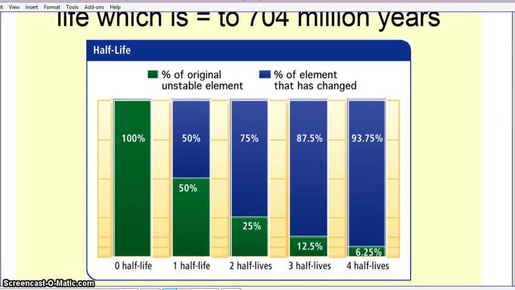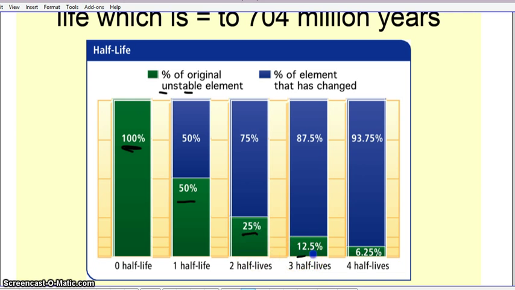Once it's done that, it turns into lead, and it takes about 704 million years for that to occur. If you look at this picture, for half-life, the green is the percentage of original unstable element, and the blue indicates the percentage that the element has changed. They look at a sample of uranium, and once it's gone through one half-life, what's half of 100? That's 50. Half of 50 is 25.